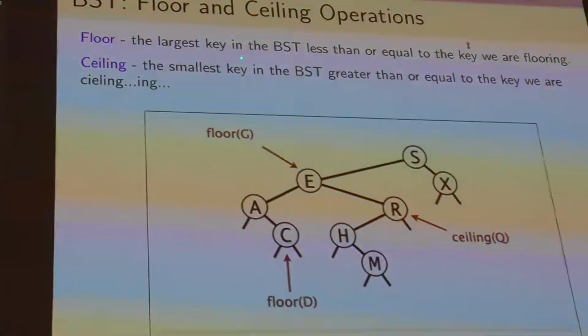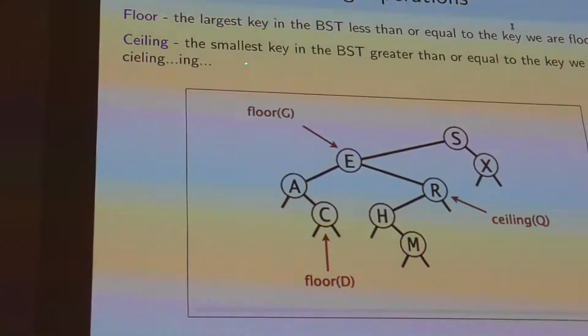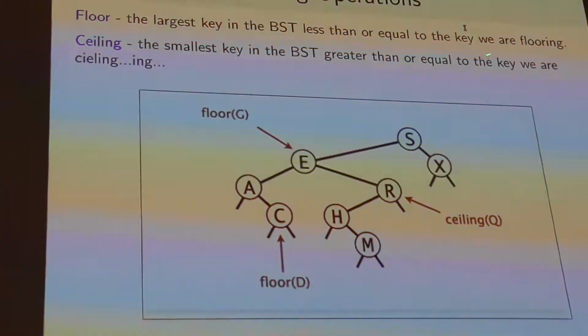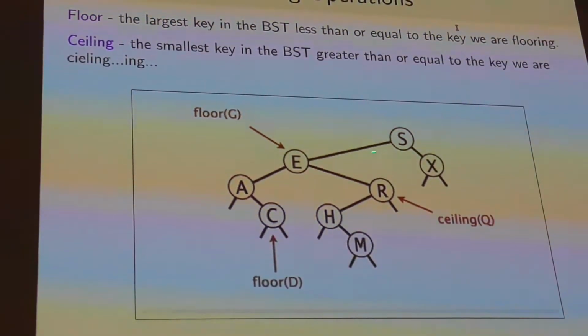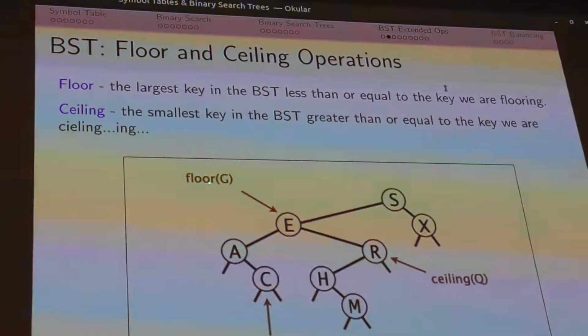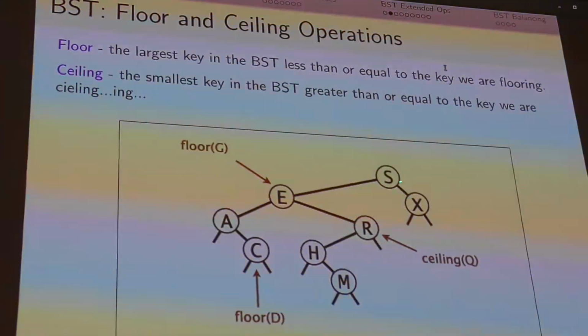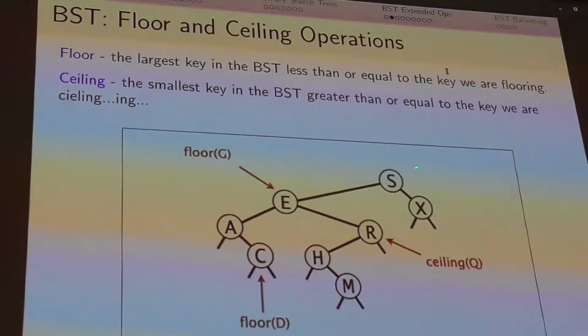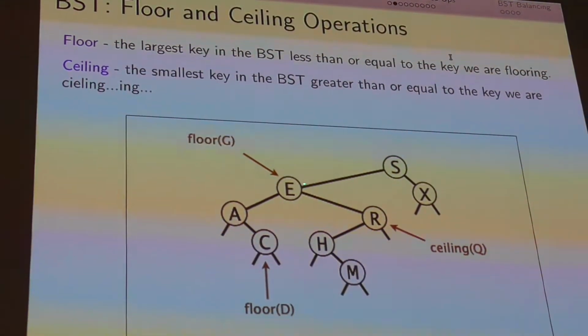Floor is the largest key in the BST less than or equal to the key we are flooring. Ceiling is the smallest key in the BST greater than or equal to the key we are ceilinging. So, taking the floor of G, we take a look at S and travel down.